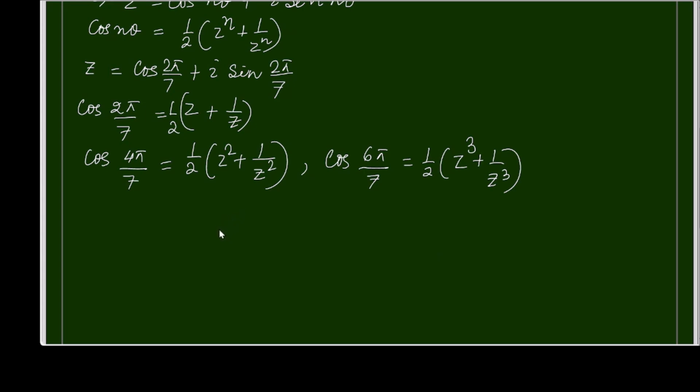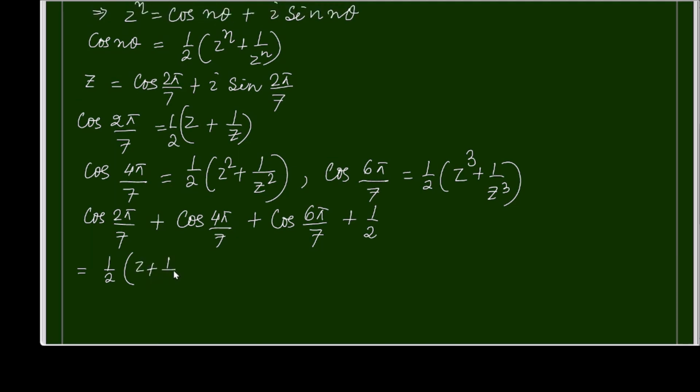So now we'll replace the original equation. It's given that cos 2 pi by 7 plus cos 4 pi by 7 plus cos 6 pi by 7 plus half, we'll prove that this equals 0. So first one will be half of z plus 1 over z.